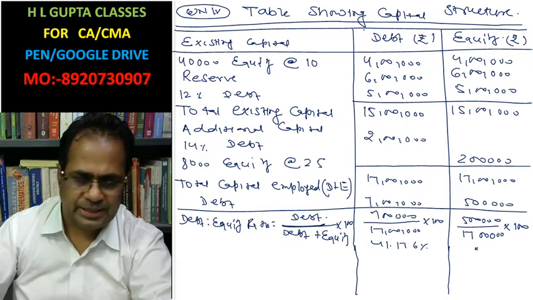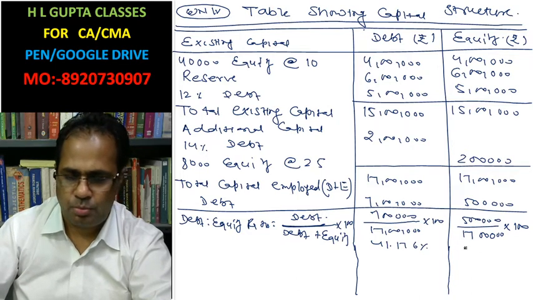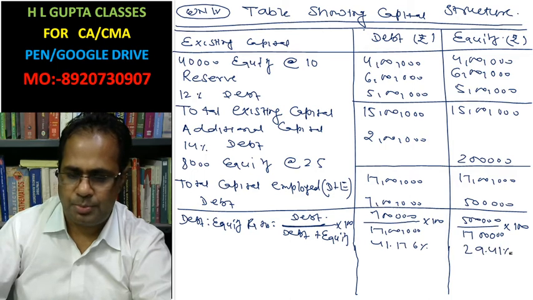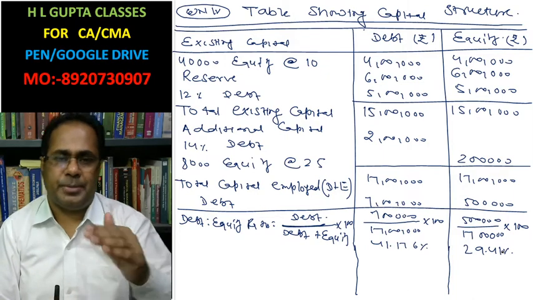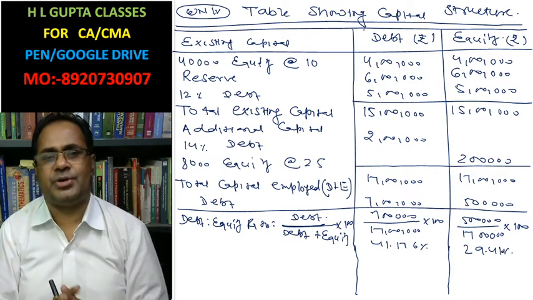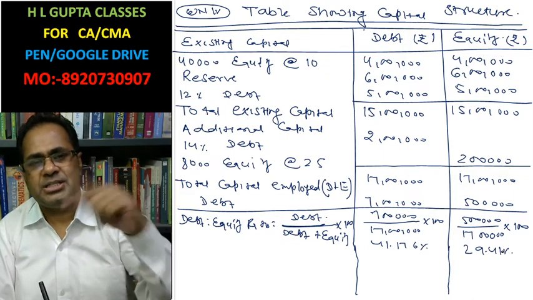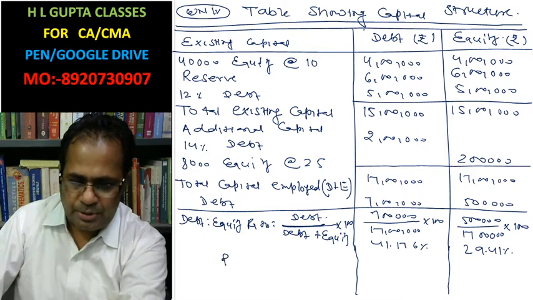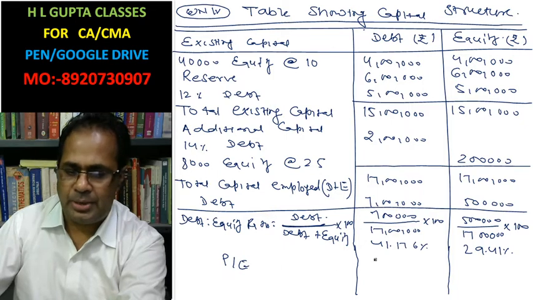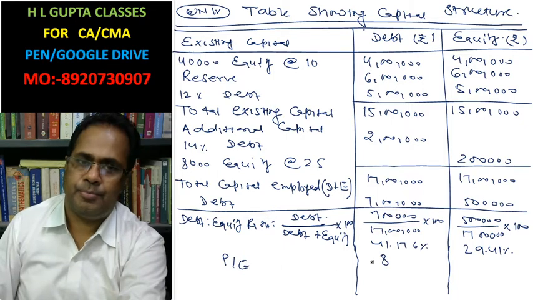And in this case it is 29.41%. In the question it is informed that if the debt equity ratio is more than 35%, then the price earning ratio will be 8. So on the basis of the debt equity ratio, the price earning ratio is going to be decided here as 8.